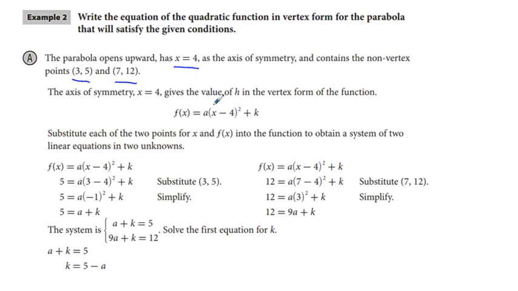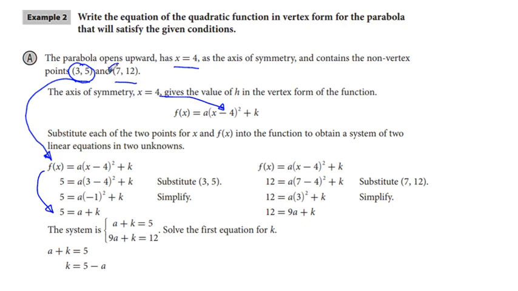And so using your axis of symmetry, we get this here. We don't have what k is yet. We don't have what a is. And so what we do is set up 2 separate equations using these different points. So the point (3, 5) will go in here and work down and get eventually 5 equals a plus k.